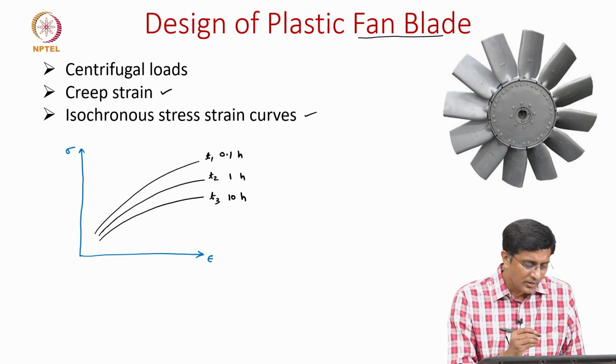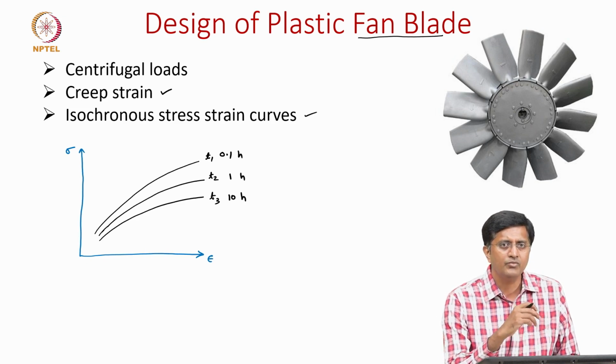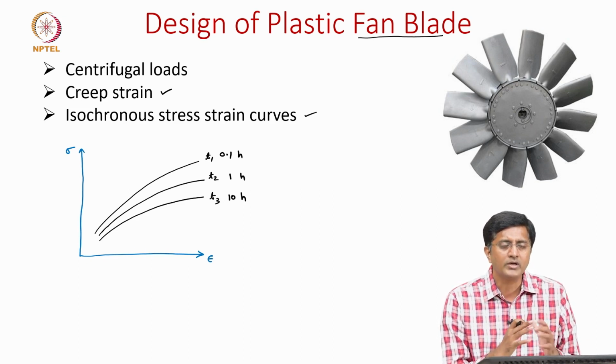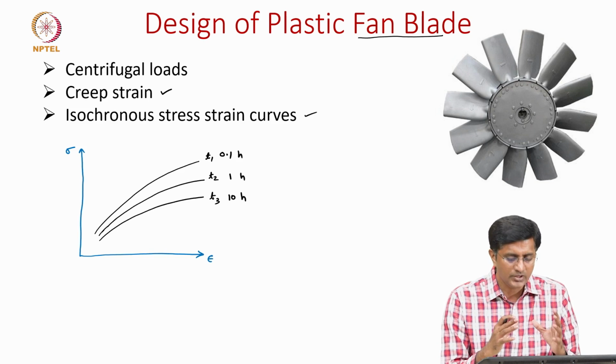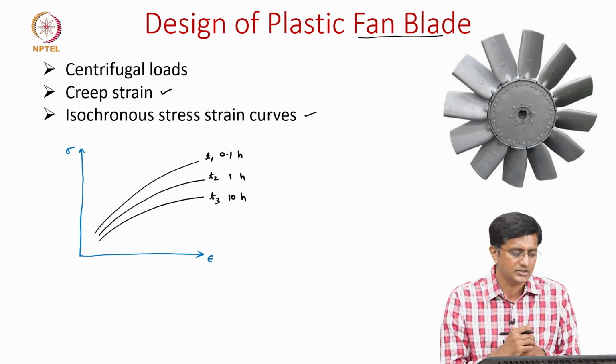Okay. So basically coming back to this design of the fan blade, we need to see what is the operating time. Maybe it is in the order of 10 power 3 or 10 power 4 hours is the operating time of this fan. So we need to ensure that if it is operating for so long, what are the corresponding strains.